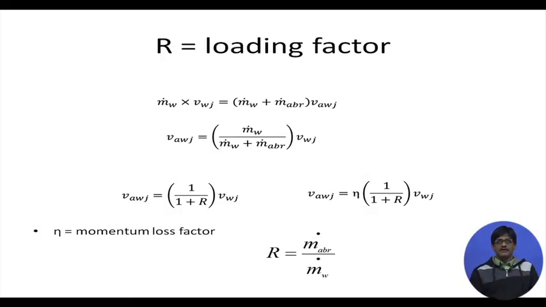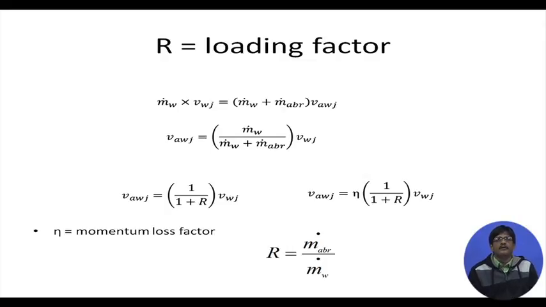So, AWJ means abrasive water jet velocity. It is very easy to understand now. We have simply taken it common. So, the abrasive water jet velocity can be written, by just rearranging the terms, as the mass flow rate of water divided by the mass flow rate of water plus the mass flow rate of abrasive, multiplied by the water jet velocity. That means the initial velocity with which the water entered the mixing chamber.